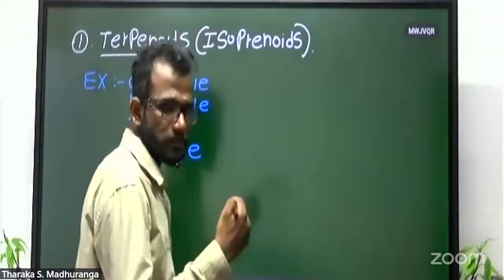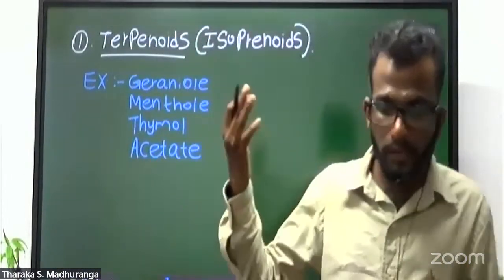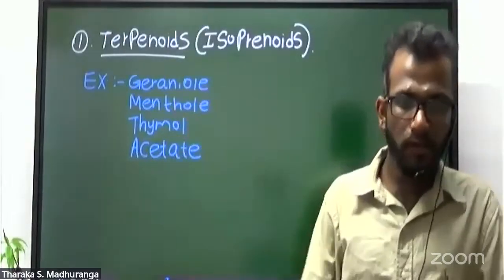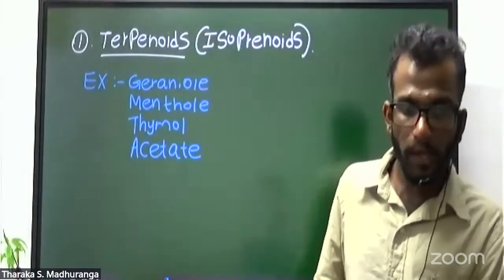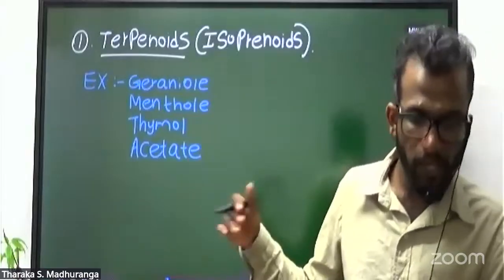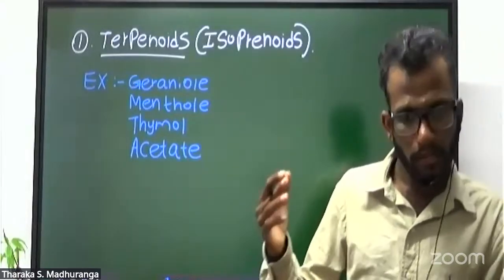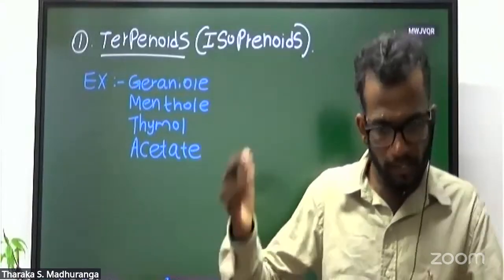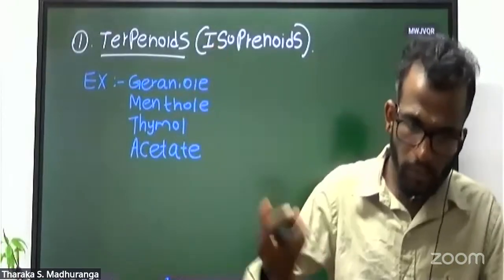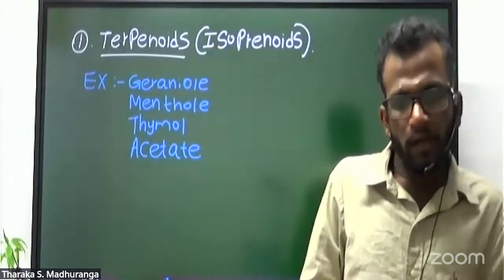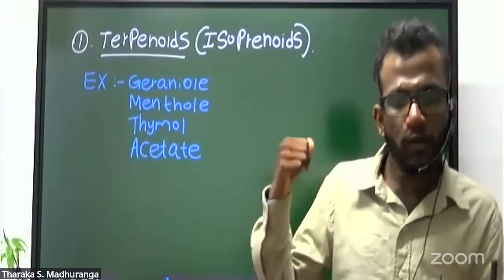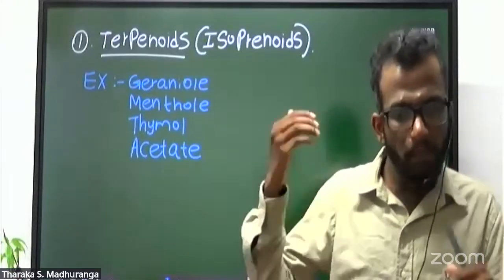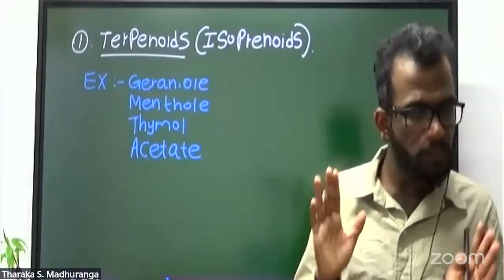Therefore, we can find more than 100 terpenoid types. If you search on the internet for examples of terpenoids, you can find many examples. I have given only the very important and most available terpenoid types.